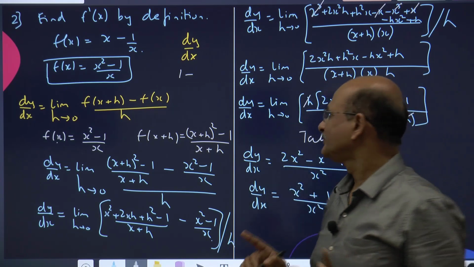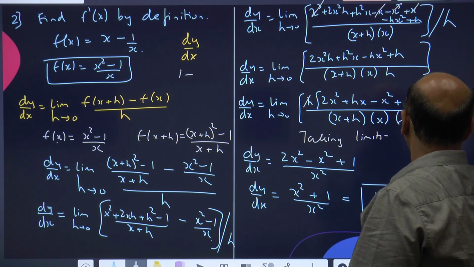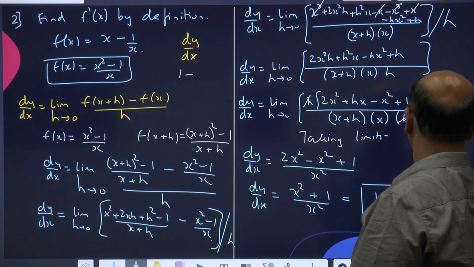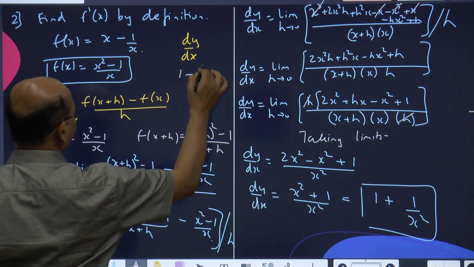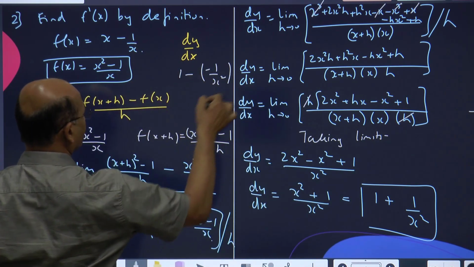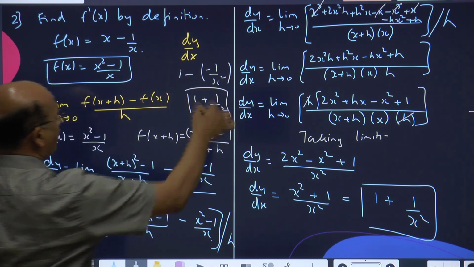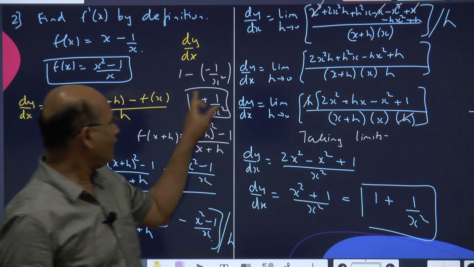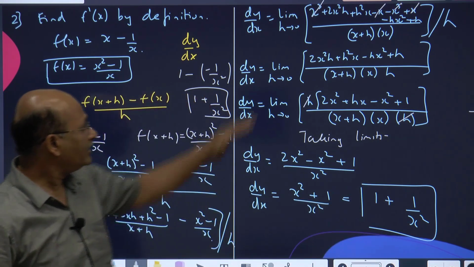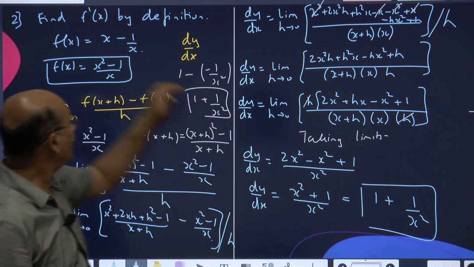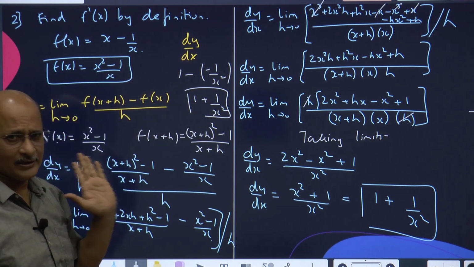You can use the power rule, or directly I can say the derivative of 1 upon x is minus 1 by x square. So this is nothing but 1 plus 1 upon x square. This is the formula method of dealing with it. So 1 plus 1 upon x square, 1 plus 1 upon x square. The earlier method is the first principle method. Here I directly use the formulas to find the derivative of the function.